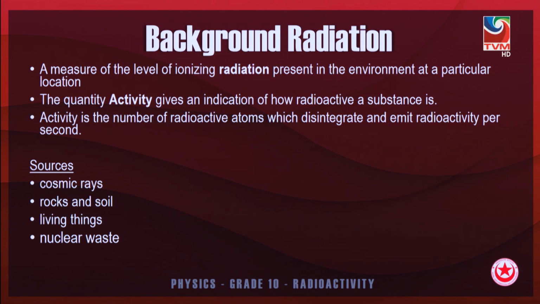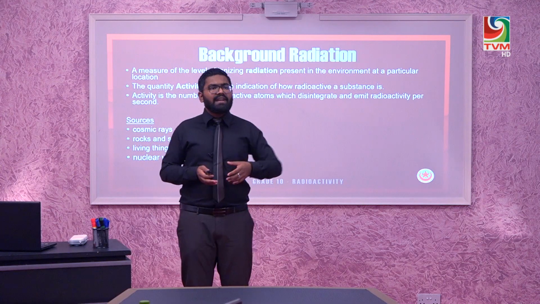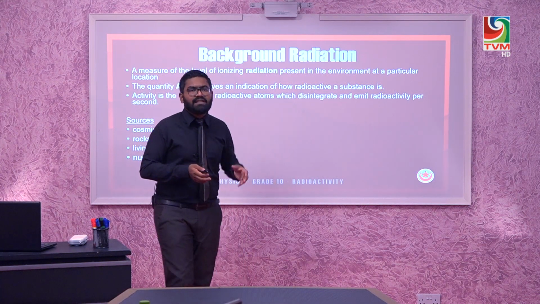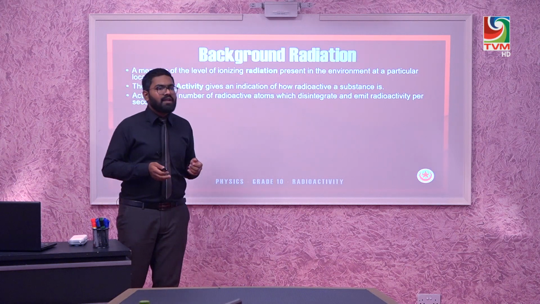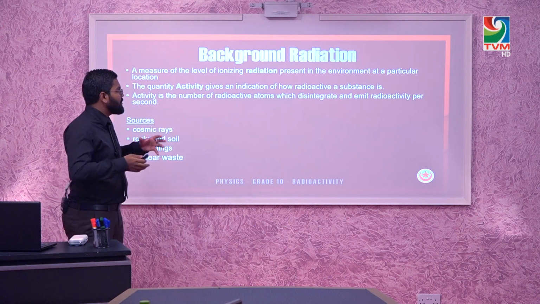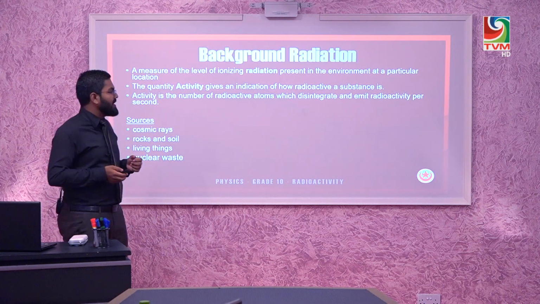It is a measure of the level of ionizing radiation present in the environment at a particular location. The background radiation varies from place to place. You might not get the same background radiation here in Maldives as you would in another place in Europe. So we don't get a fixed background radiation.